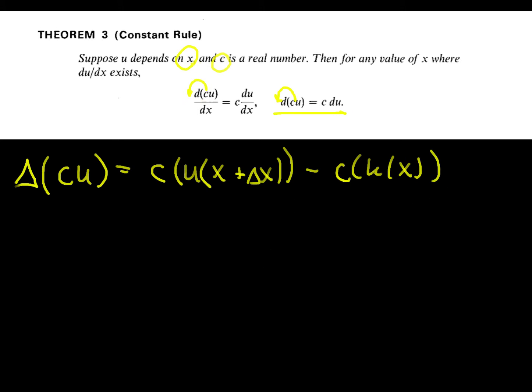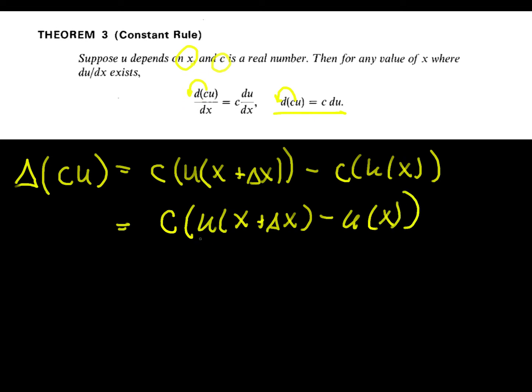Now I've got a constant in both the pieces, so I could factor it out. So this is constant times u of x plus delta x minus u of x. And this term right there is just delta u. So I can say that this whole thing is just equal to constant times delta u.